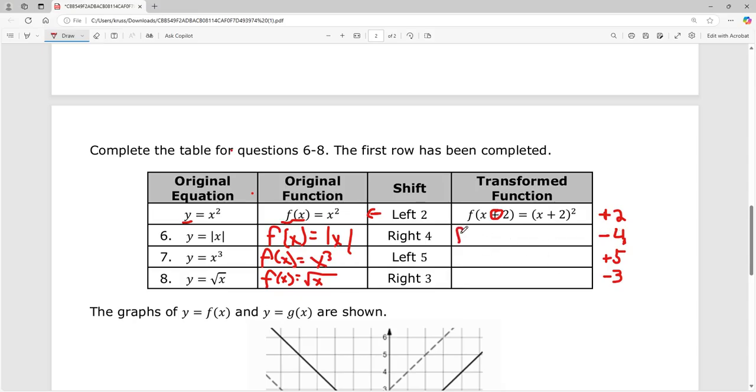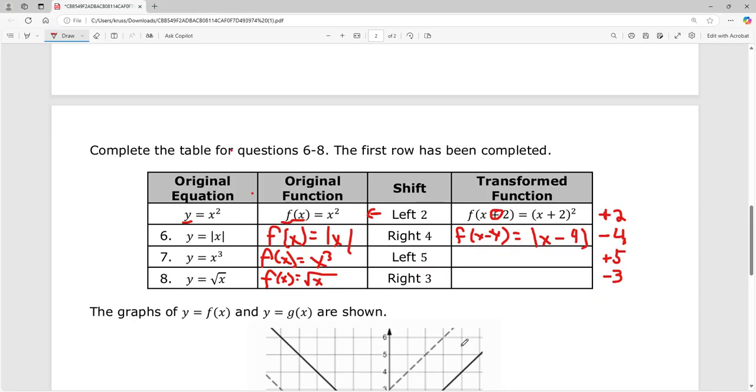So f of x minus 4 is going to be, well, we're doing absolute values, so that's still right. f of x minus 4 equals the absolute value of x minus 4. Okay, so there's that one.